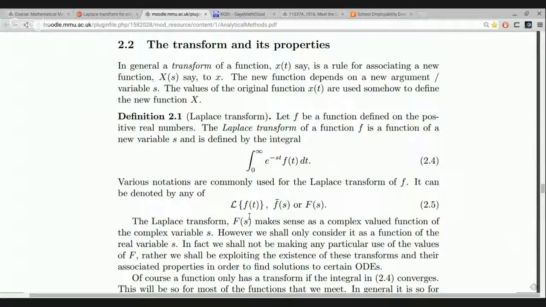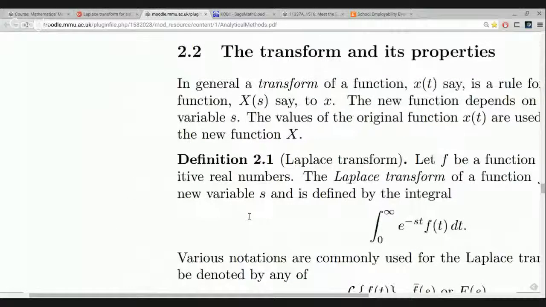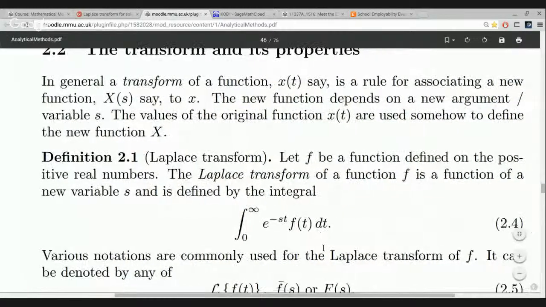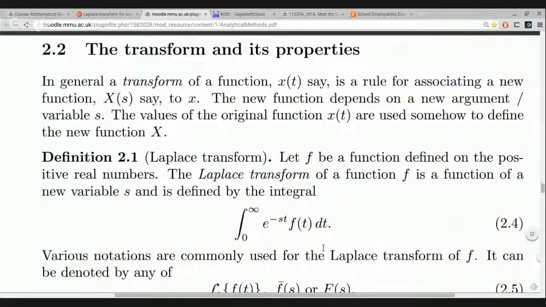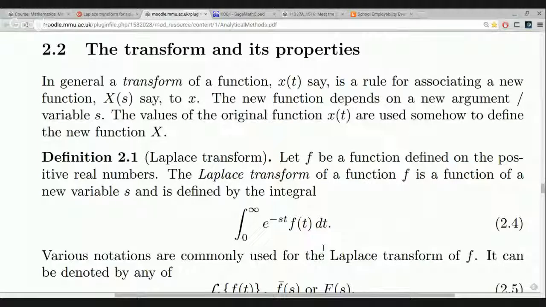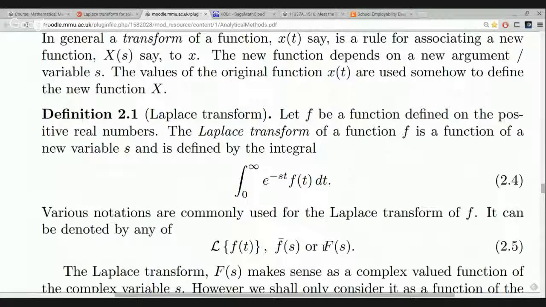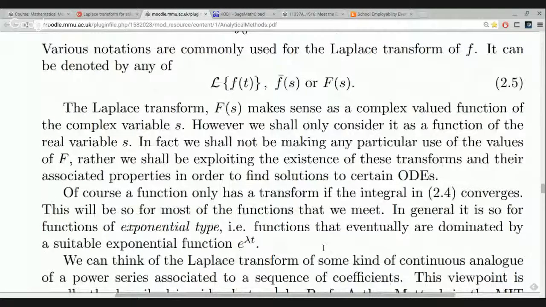And the Laplace transform is a function of a new variable s, which appears in the definition there, the parameter in the exponent of the exponential, e to the minus st. So it's a function of a new variable s. And our chief interest in it is that it's going to provide a method for solving certain types of linear ordinary differential equation.